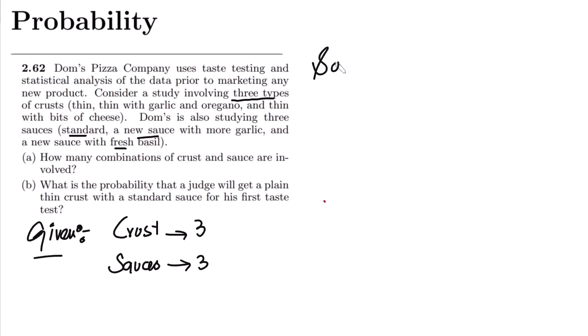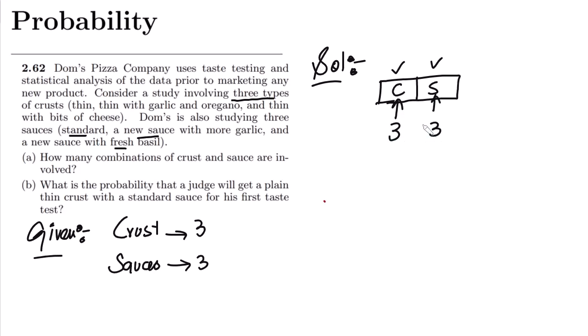In any combination, I have to choose one crust and one sauce. For the crust, how many choices will I have? This is crust, this is for sauces. For this one I have three choices, and for this one I have three choices as well. I have to multiply them together, and here I will get nine choices.